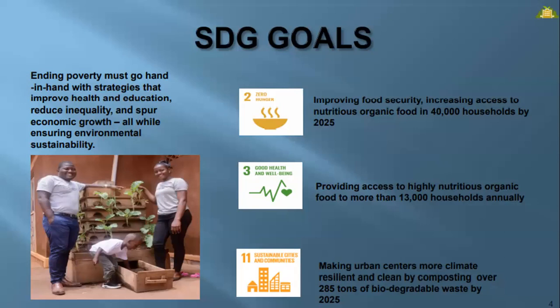Maybe for him, he's promoting zero hunger because he's going to ensure 440,000 households can access food by 2025. Then good health, because he's going to ensure people access nutritious food. So 13,000 households will access nutritious food. So that is his SDG. In your case, what is your SDG?